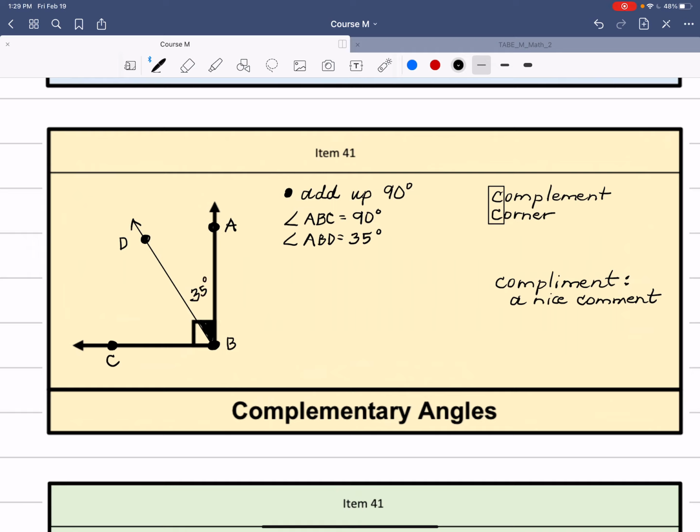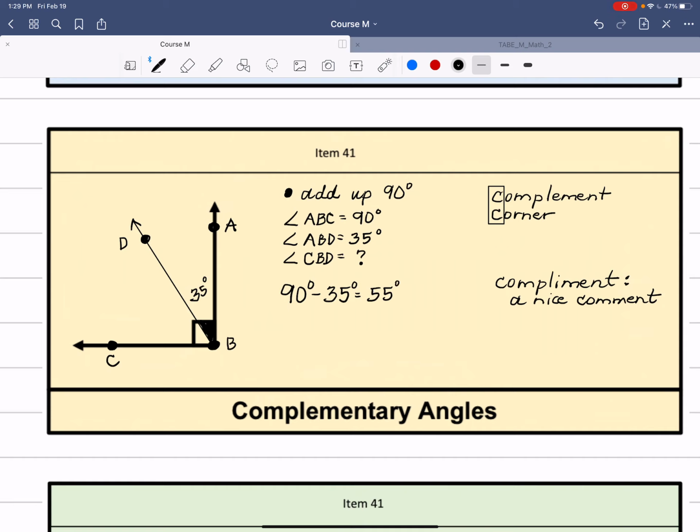So what is the complement of 35 degrees? What is the measure of CBD? That's what we need to find out. So how would I find a complement for 35 degrees? It's basic math. 90 degrees minus 35 degrees is 55 degrees.